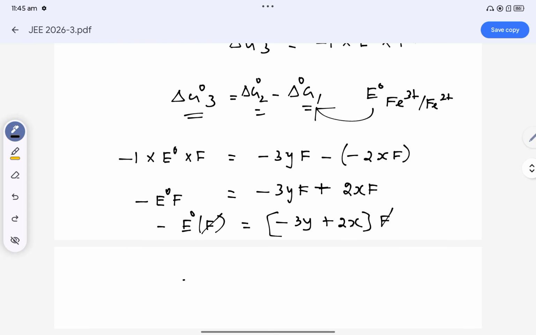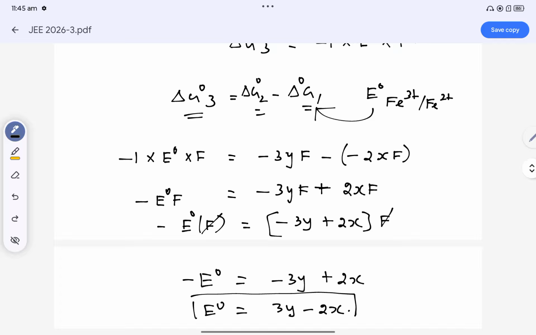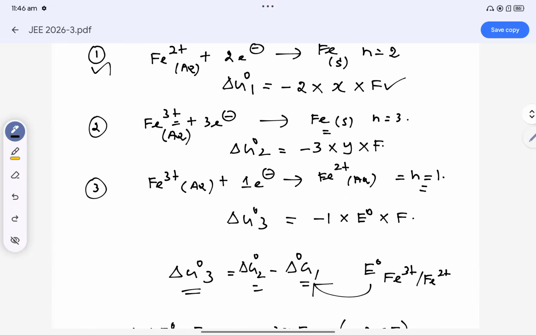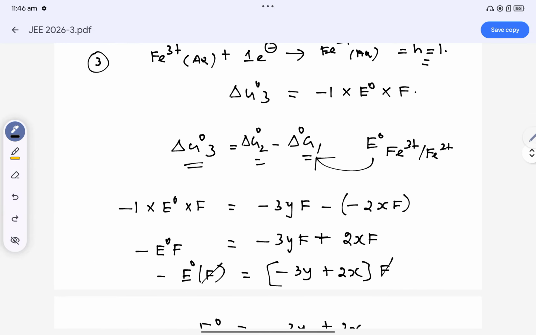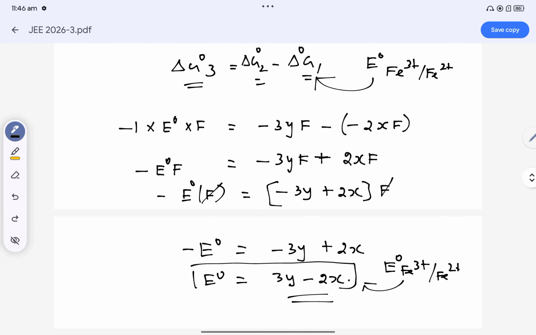You get the equation minus E naught is equal to minus 3Y plus 2X. So the E naught value will be 3Y minus 2X. So E naught for Fe3+ to Fe2+ is 3Y minus 2X. Looking at the options, 3Y minus 2X is the correct answer.